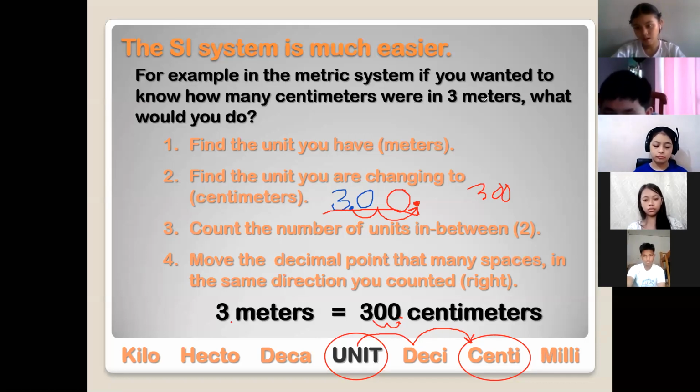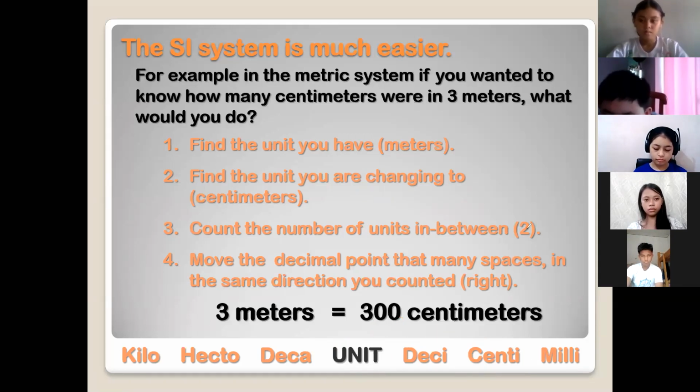So for example, let's have another example. So the idea again is moving the decimal point the number of times from where it originated, or from the given to the target unit.